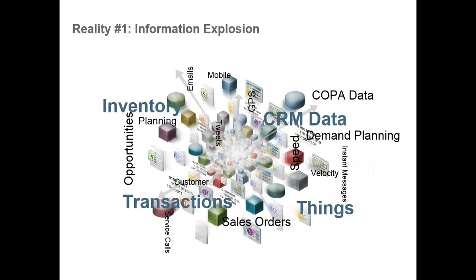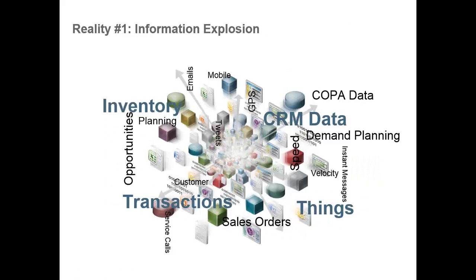The first is information explosion. We have information available from various sources, systems and servers, and we're trying to retrieve it and display it faster. Every user expects data in seconds.